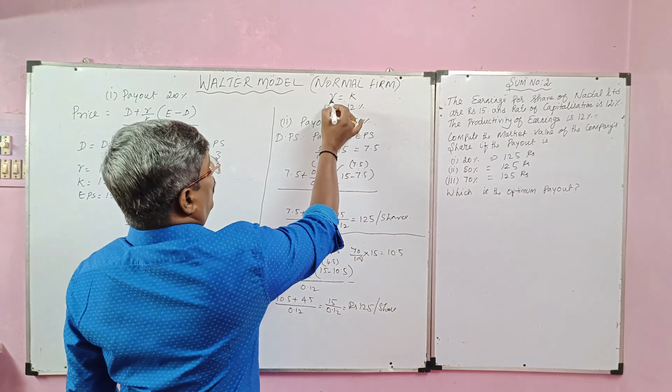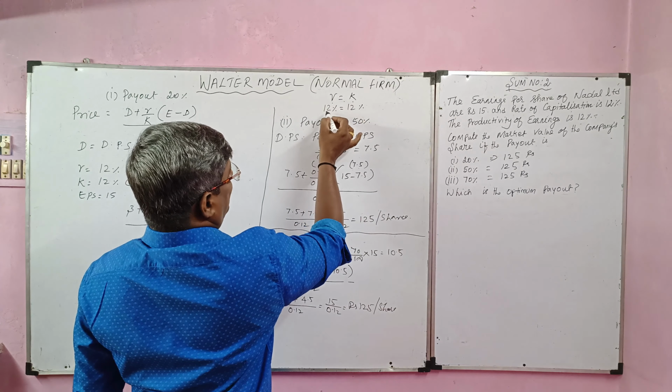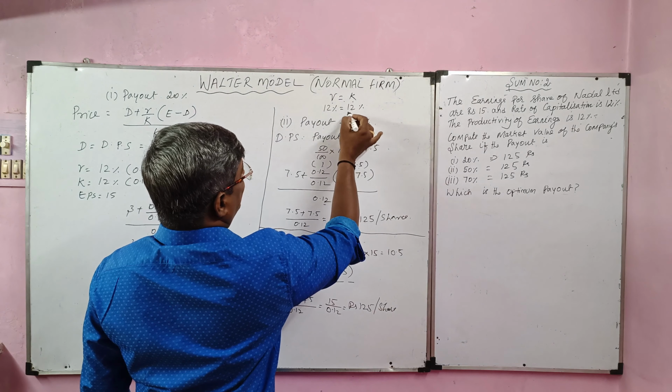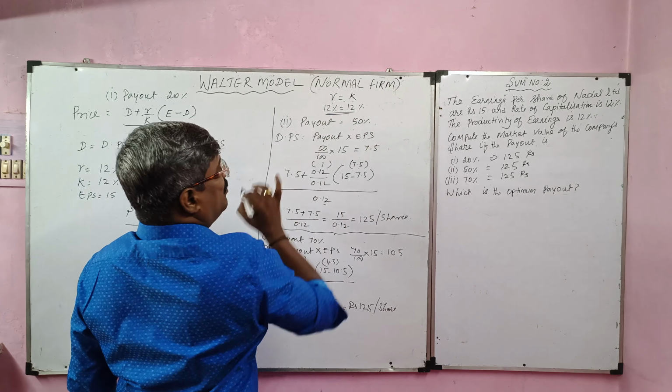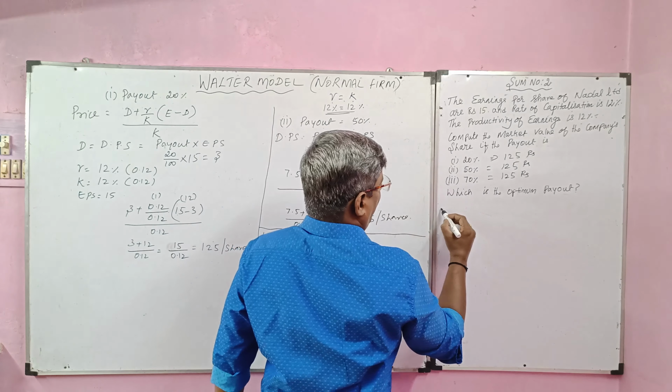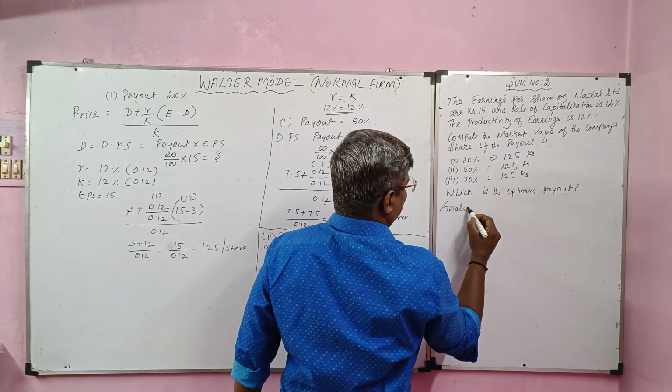In normal form, R equal to K, that is R, return on investment, is 12%, cost of capital is 12%. So in normal form, we have to write the analysis.